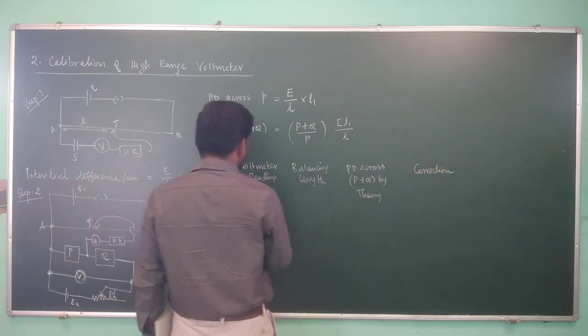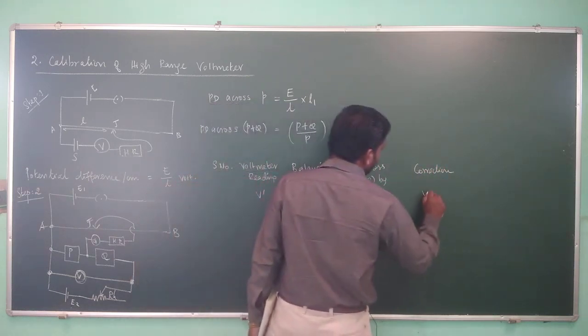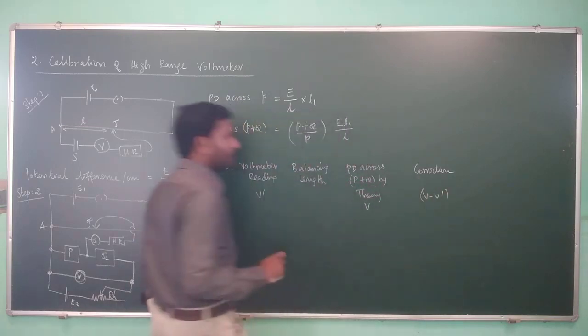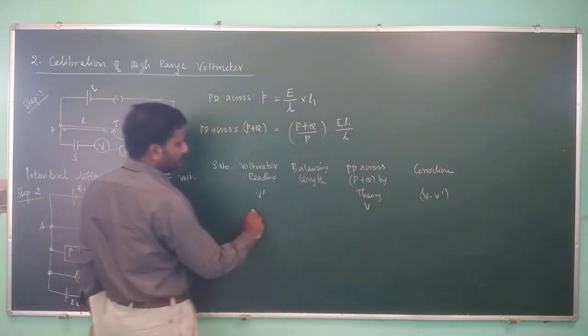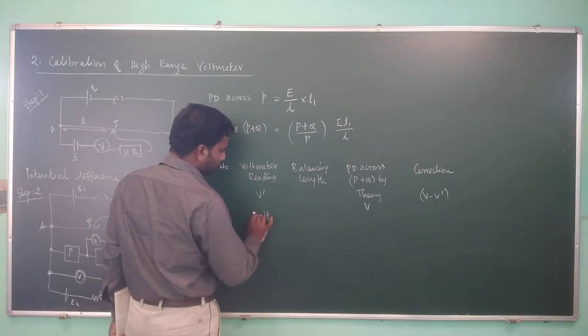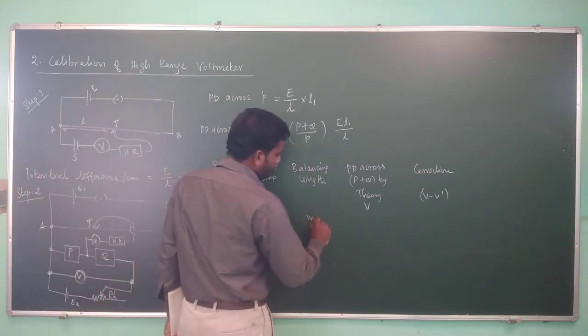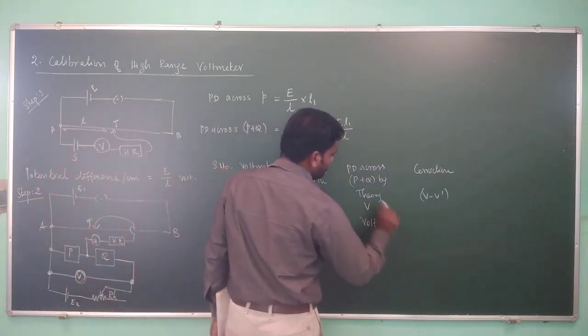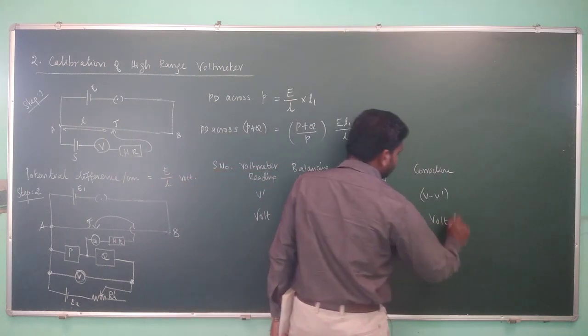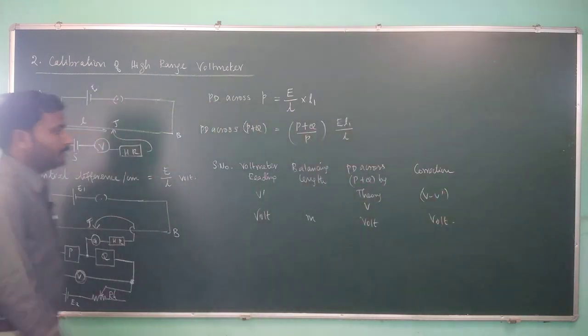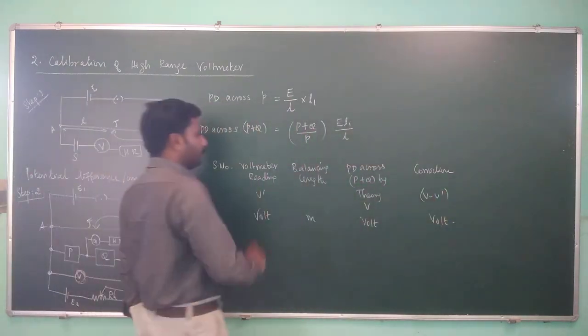If this is V prime and this is V, then the correction is V minus V prime, right? The unit for this is volt, and here it is meter, here also it is volt, here also it is volt, right?